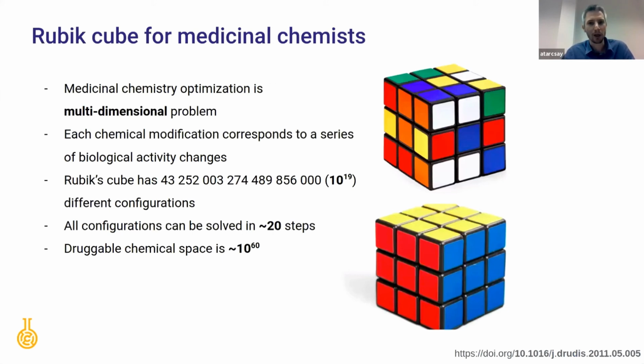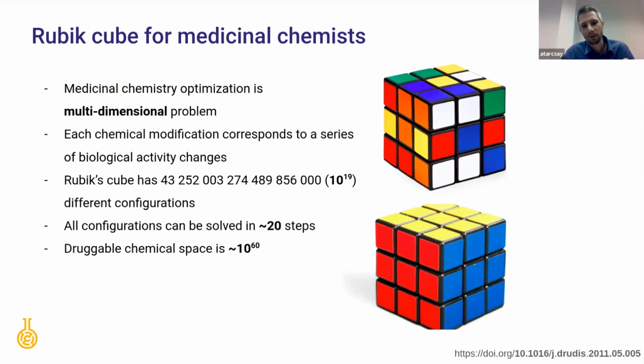This is an analogy of turning the Rubik's cube that will trigger a change in the biological activity profile, and it will influence binding to this large number of targets and your protein target itself.